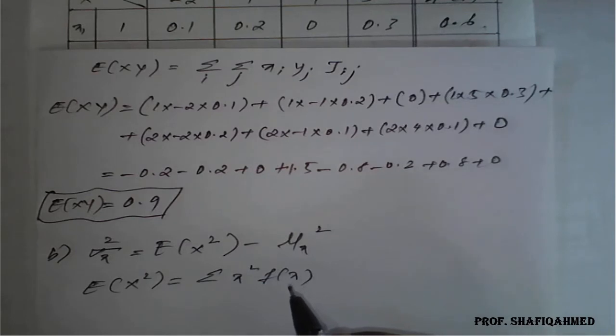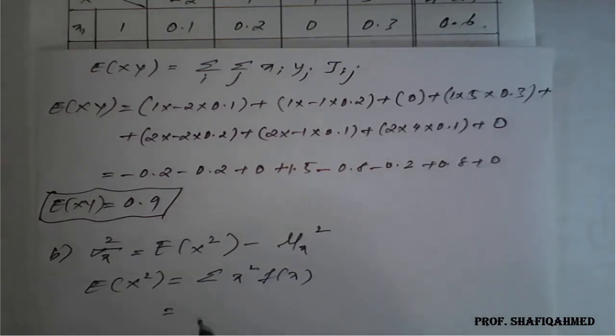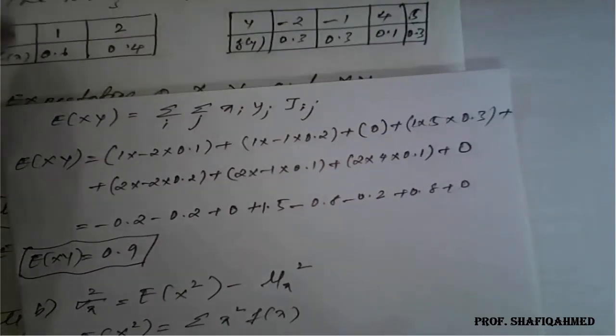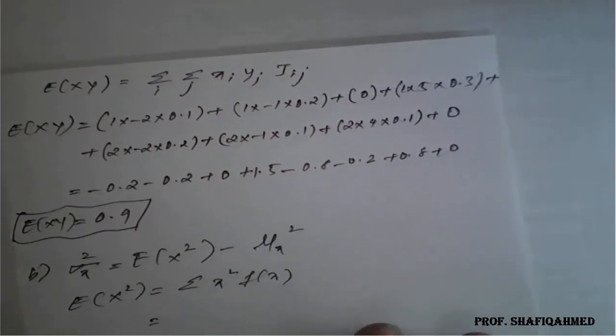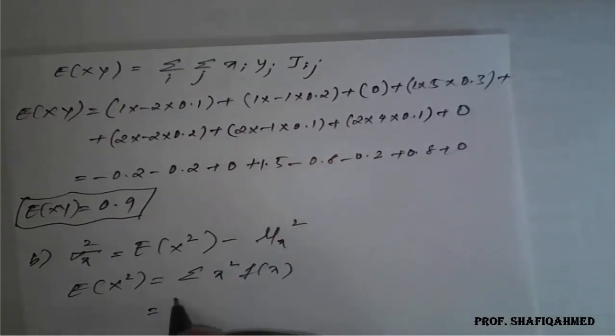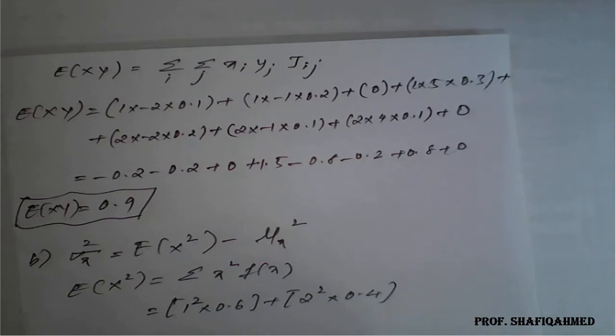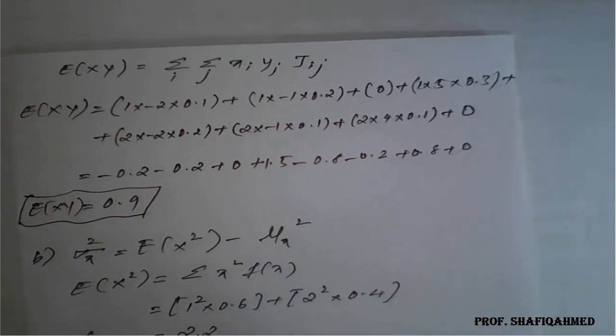From the marginal table you need to use this one: 1 square into 0.6 plus next value of x is 2 square into 0.4. On simplification, it will be 2.4. This is expectation of x square.